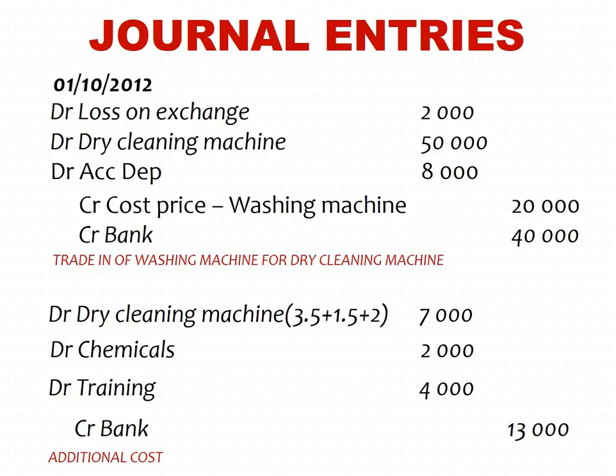The delivery fee, the electrician installation, as well as the redesign of layout are all costs that are incurred to get the machine to a state where it can operate. The costs of chemicals and training are not related to getting the machine functioning, so these costs are simply expensed.